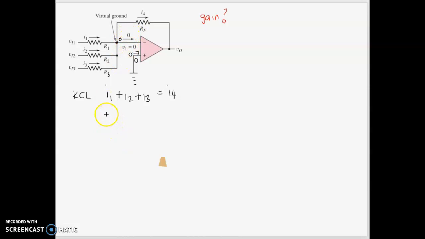So what is I1? I1 is the voltage drop across R1, so V1 over R1 plus V2 over R2 plus V3 over R3 equals I4. What is I4? I4 is 0 minus Vout over RF.